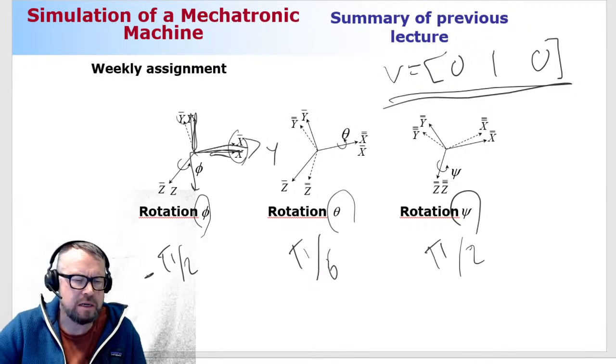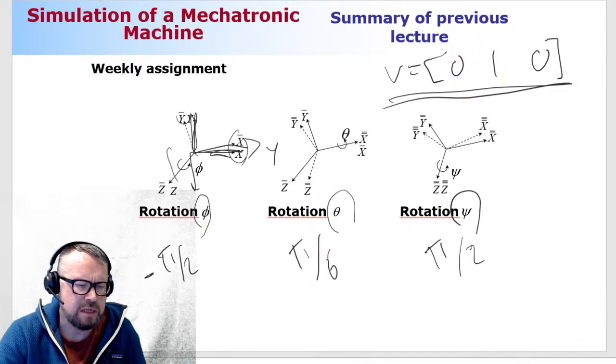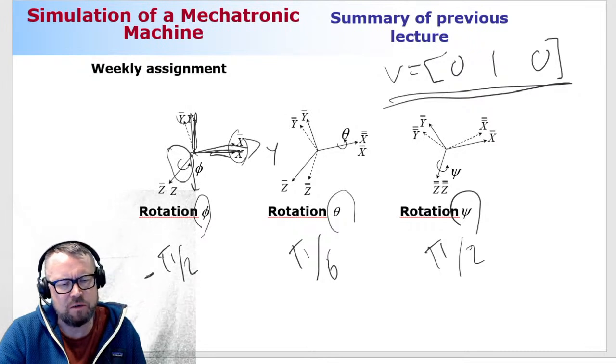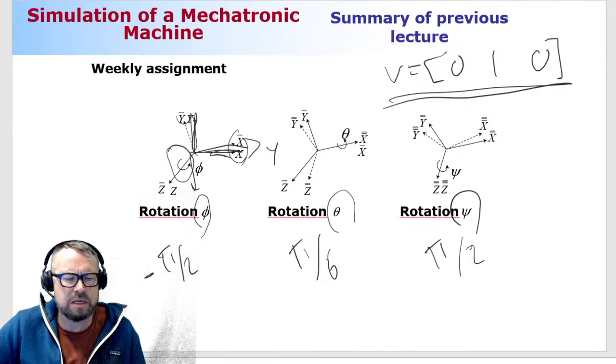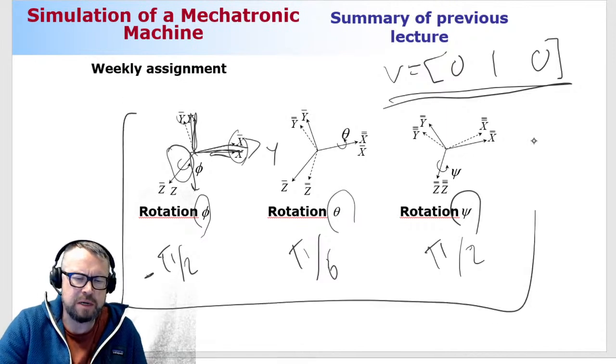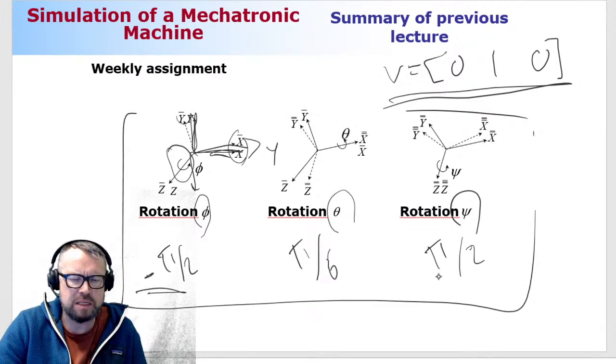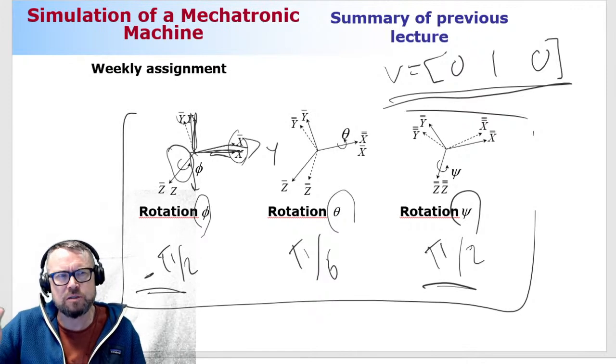It looked like this is now the left-hand side coordinate system. No, the right-hand side coordinate system. I need to double check this positive rotation order. I need to check that during the break. So don't take this too seriously, because there is a possibility that this one here is positive and this is negative. But that's the trick we're doing here. We're switching the order of axes, and then we're compensating for that in the last rotation. But again, good comment, and I need to go back and verify my notations.